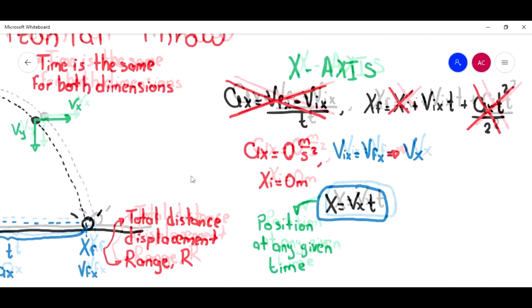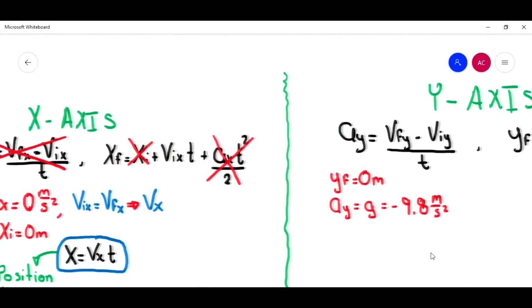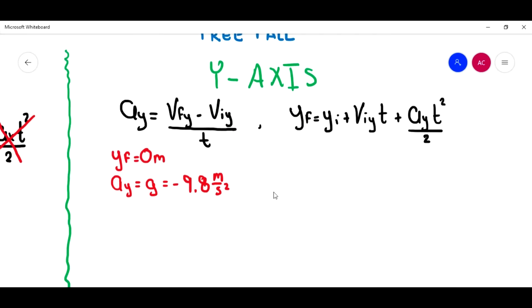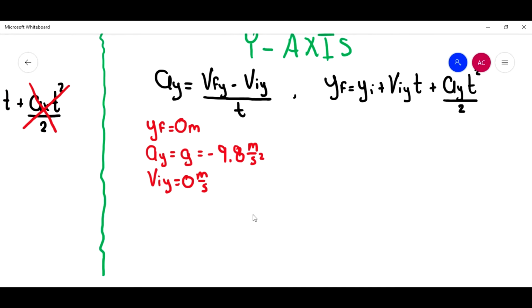So for the y-axis, I'm going to write over here that it is going to be treated as free fall, a topic that we already saw. Initial velocity in y is 0 meters per second. If that's the case, I'm going to cancel this one. So acceleration in y equals final velocity in y over time.